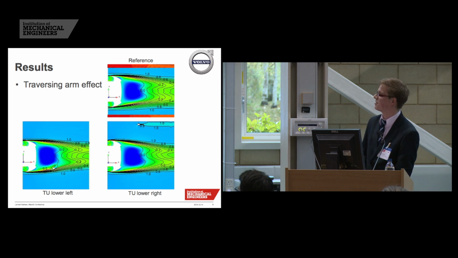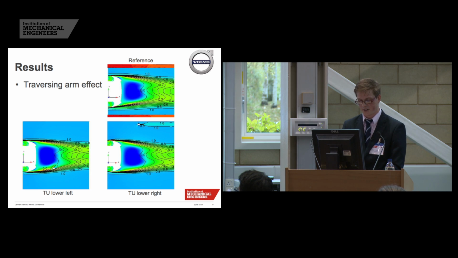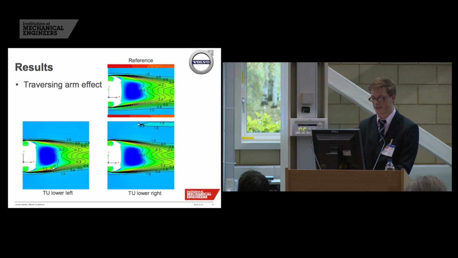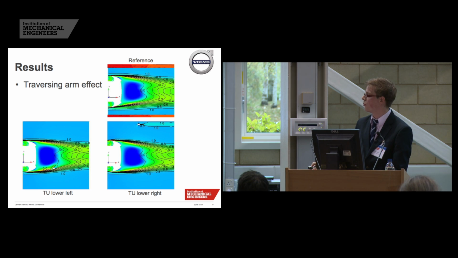So here it's in the free stream. Then you can see that with the traversing unit at the lower left position, it actually has interference with the ring vortex generation on that side, and you have much more of an inwash of the flow on that side compared to the reference.